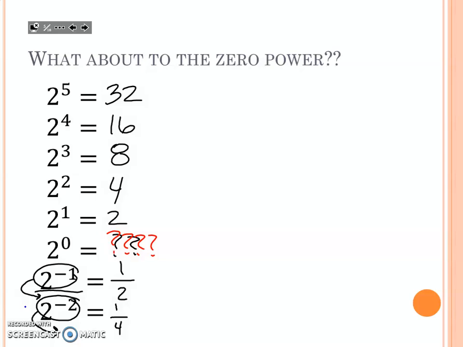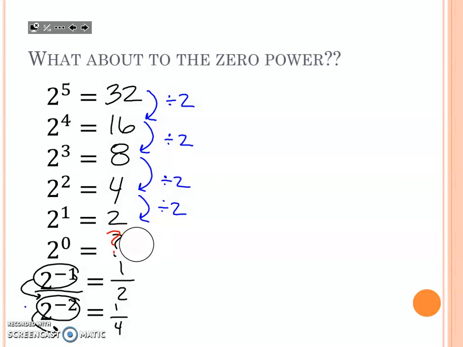Okay, hopefully you guys have noticed these are moving by 2. If I take 32 divided by 2, it gives me 16. I'm halving them, right? And that pattern continues all the way down. So if dividing by 2 is happening on everything, we could probably make a hypothesis that that pattern should continue, right?